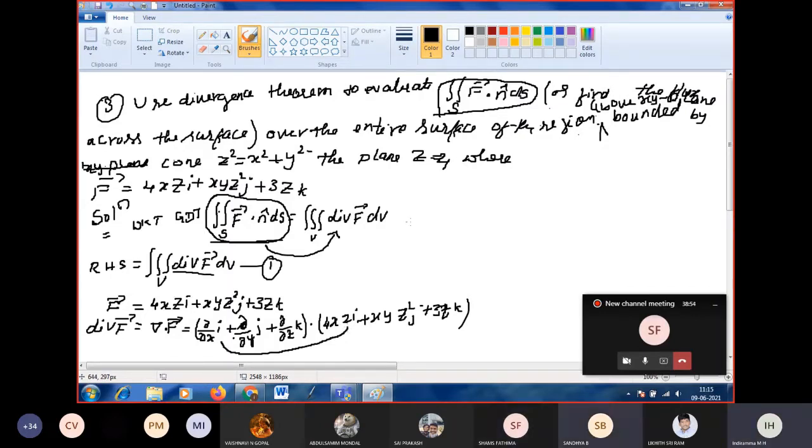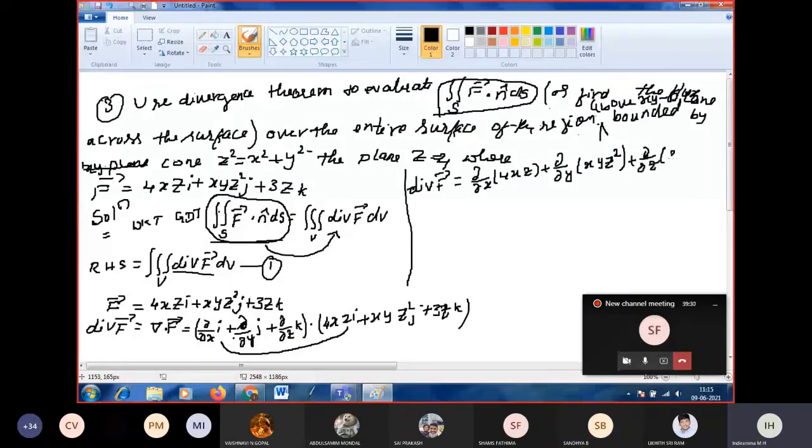So we obtain div F is equal to dou by dou x of 4xz plus dou by dou y of xyz square plus dou by dou z of 3z, because i dot i is 1, j dot j is 1 and k dot k is 1. I did that dot product.